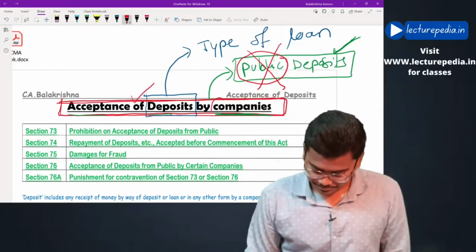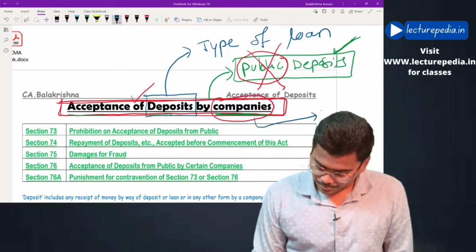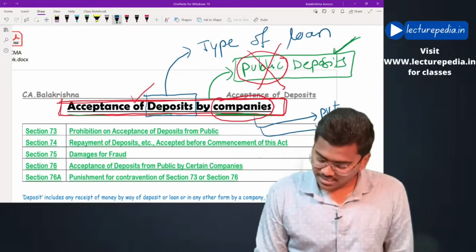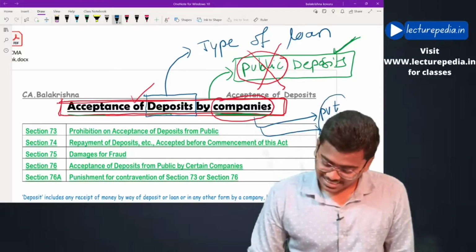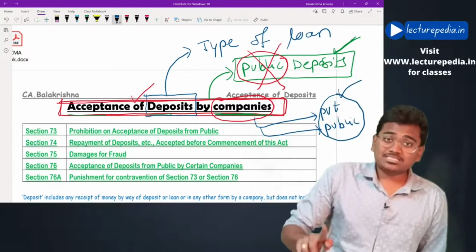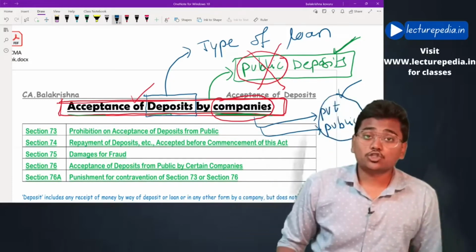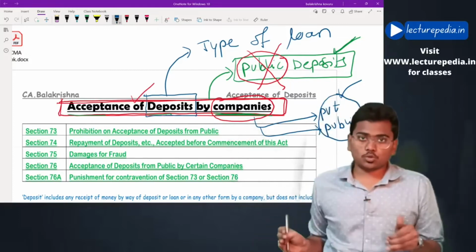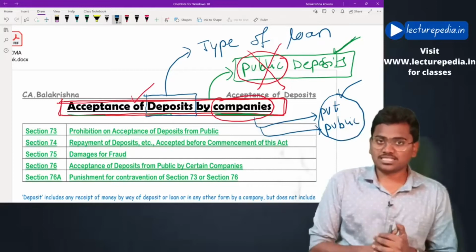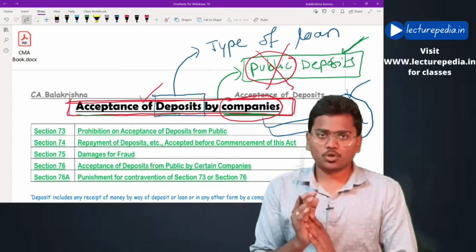That means both private companies and public companies can raise deposits, and deposits can be raised not only from the public but also from members, from shareholders also. Hope this is clear.